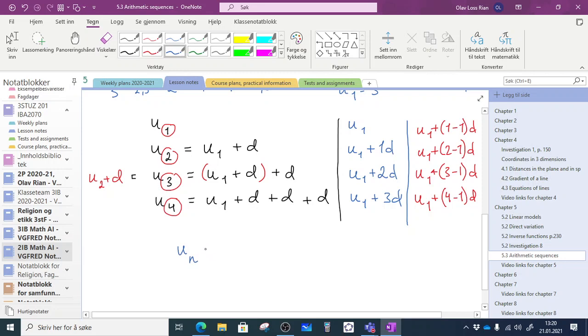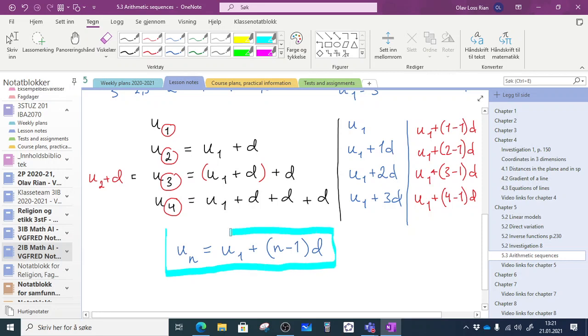So a formula for finding the nth term would be U1, the first term, and then we add the common difference multiplied with the index number minus 1. It looks a bit intimidating at first, but it's a formula that makes sense when we build it up like this.